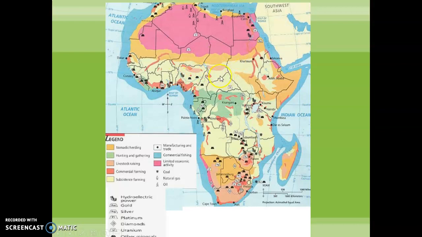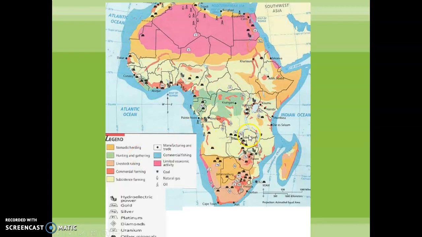Okay, so again, if we looked at the other map about climatic regions, they're going to coincide. So this pink region of limited economic activity, Sahara. This green area here in the middle of hunting and gathering, that is the tropical rainforest.